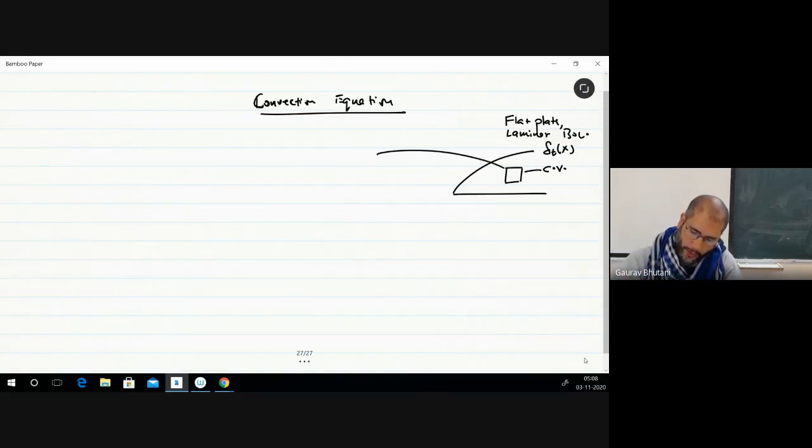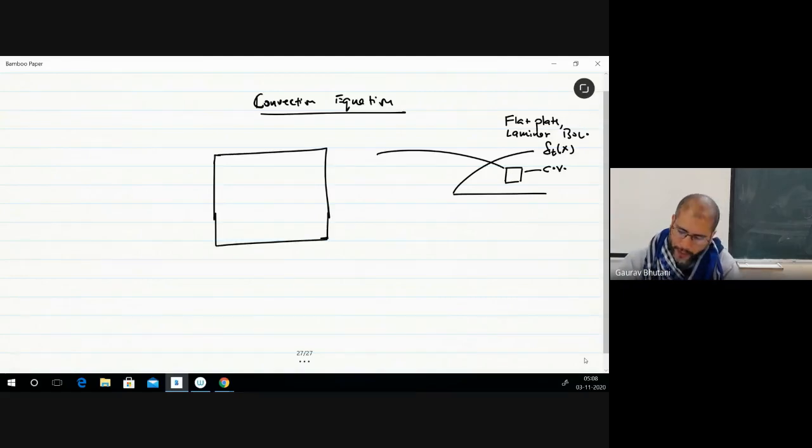So let's zoom into this control volume. For convenience, we have taken this volume such that it's a rectangle in my Cartesian directions. So this is my delta x, and this is my delta y.